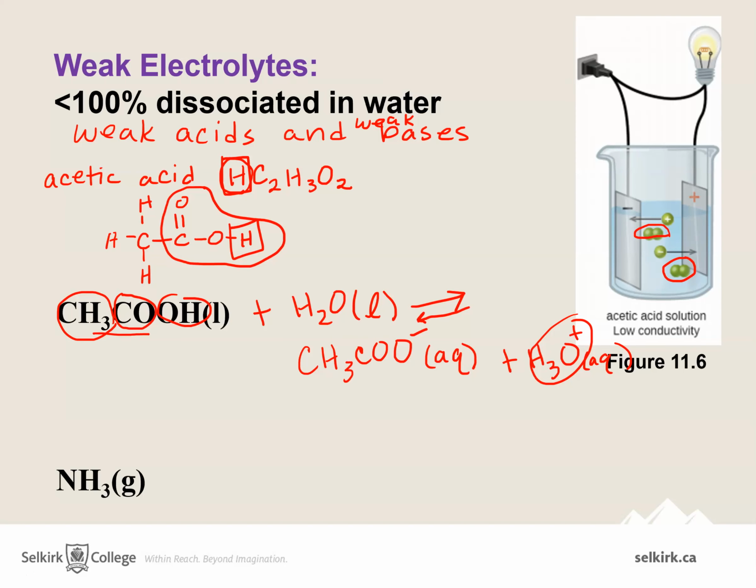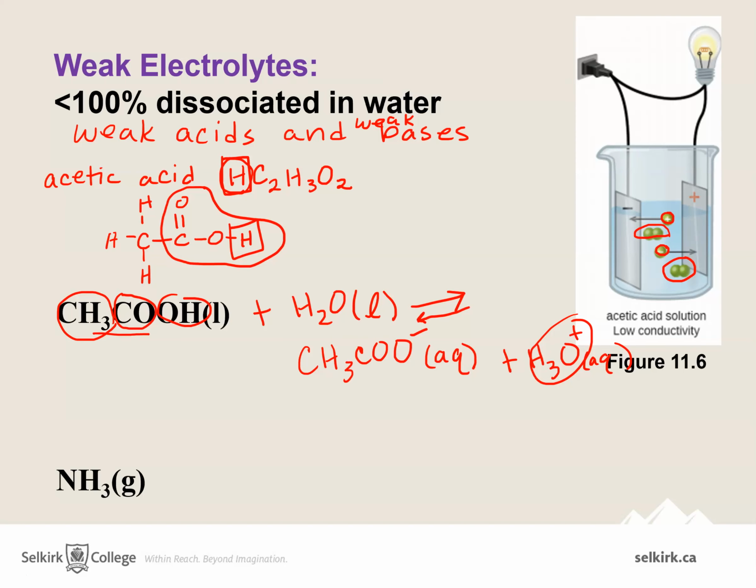This picture doesn't show many of the particles. Really, there would be maybe more than 95% intact molecules, and only less than 5% would react to produce positively charged hydronium ions and negatively charged acetate ions.